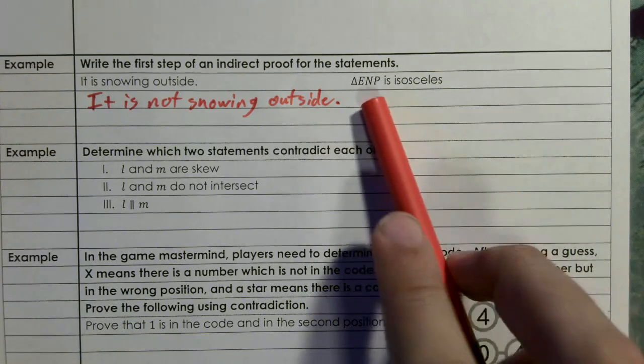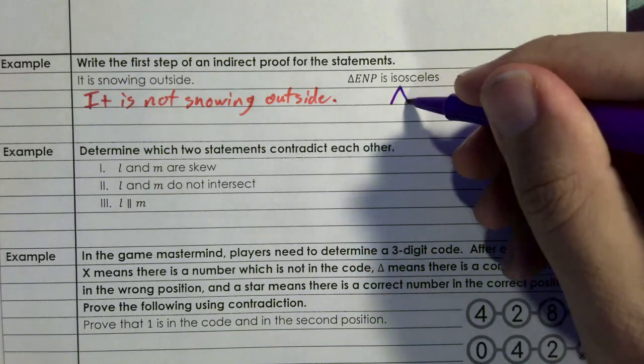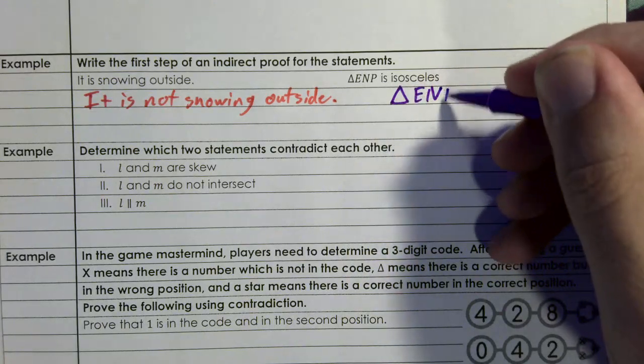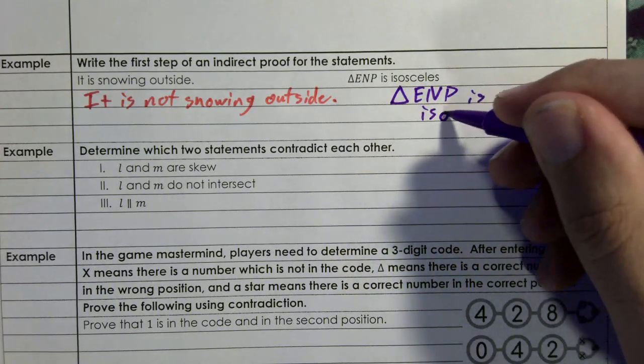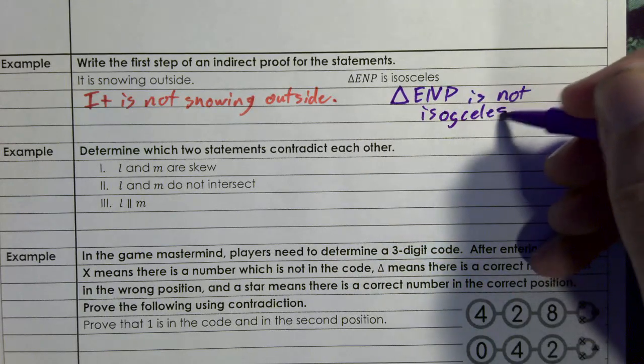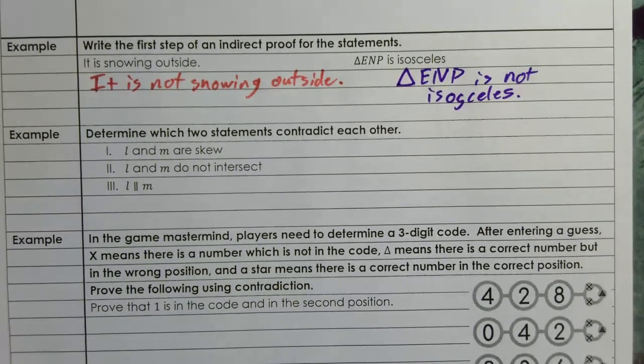If you wanted to prove that this triangle is isosceles, whatever that means, with an indirect proof, you would need to start by assuming that triangle ENP is not isosceles. By making that assumption first and showing that it leads to a problem, you are able to prove that the triangle is isosceles. But in order to do that, you need to get to a contradiction.